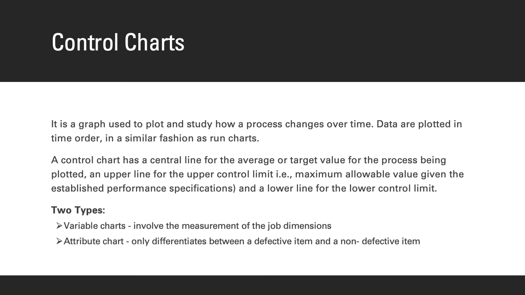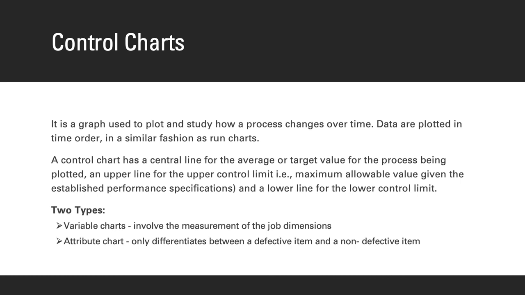So in here, data are plotted in time order in a similar fashion as run charts. Okay? A control chart has a central line for the average or the target value for the process being plotted, an upper line for the upper control limit, which is the maximum allowable value given the established performance specification, and a lower line for the lower control limit.